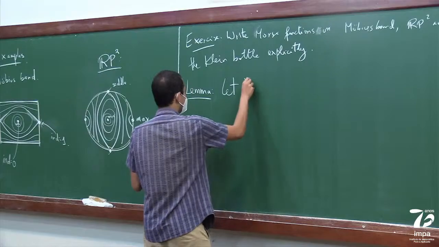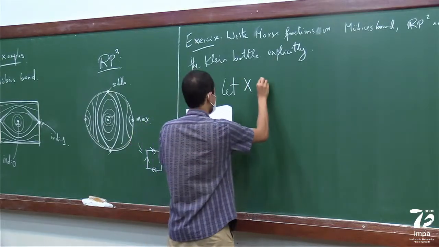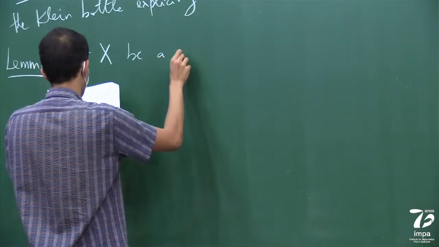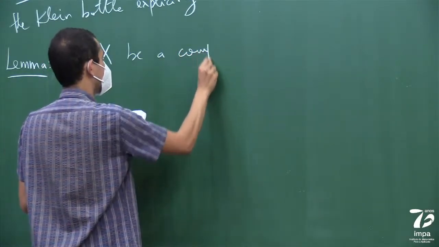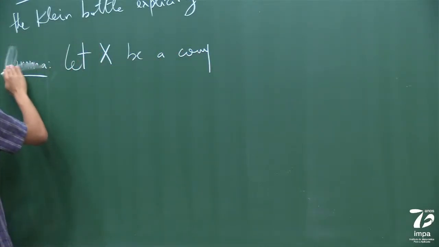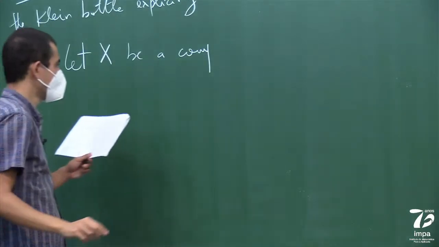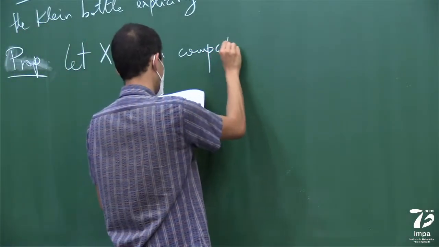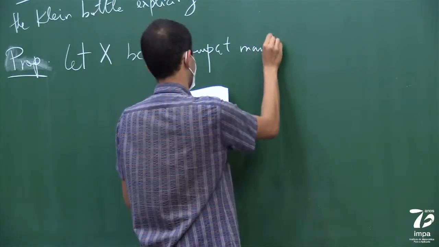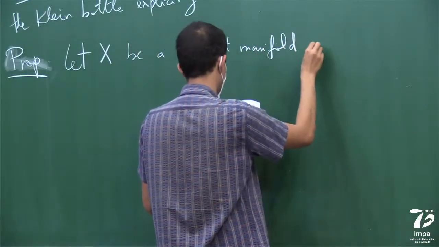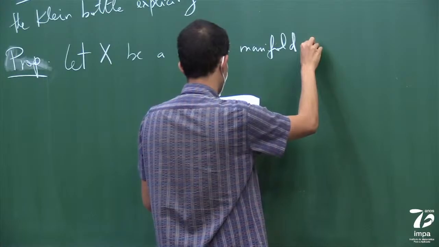So here's the lemma. Let X be a compact manifold. Maybe we can call this a proposition. It's not really a lemma. Let X be a compact manifold with boundary.